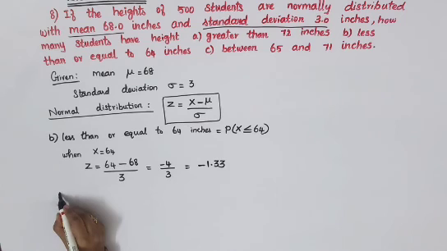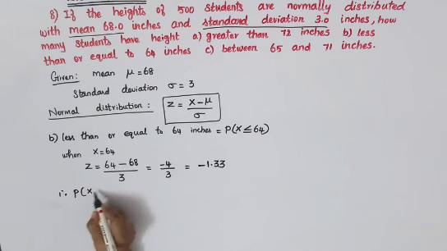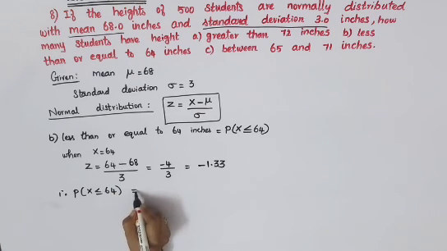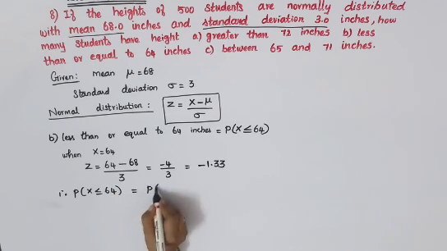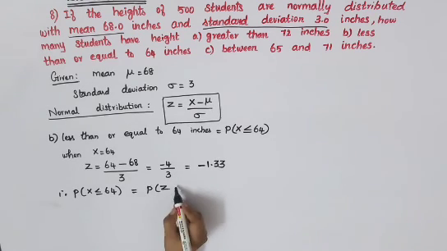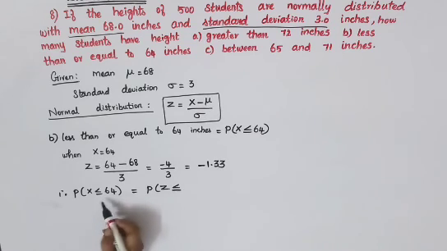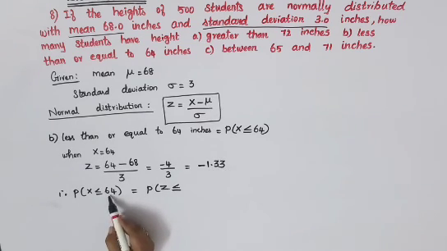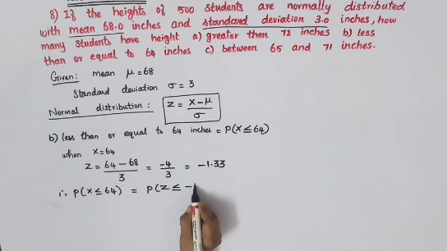Therefore P of x less than or equal to 64 can be converted to z as P of z less than or equal to minus 1.33. In the place of 64 we give minus 1.33.